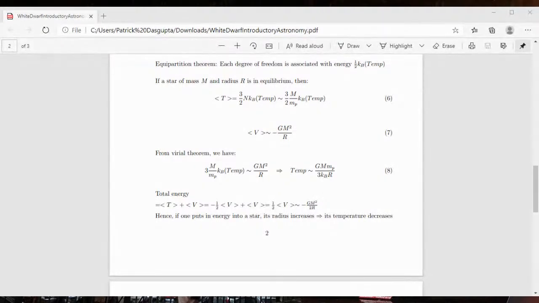Once it forms iron, then of course no more thermonuclear fusion can take place. Why?